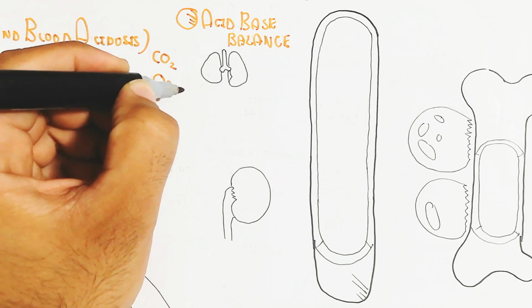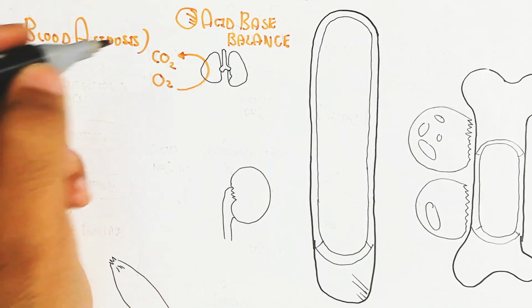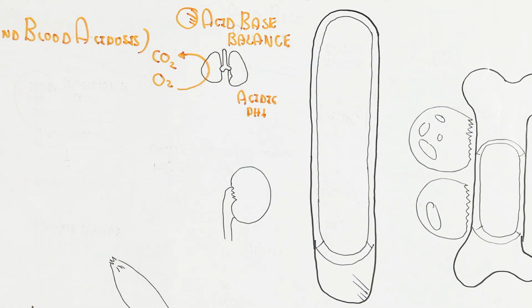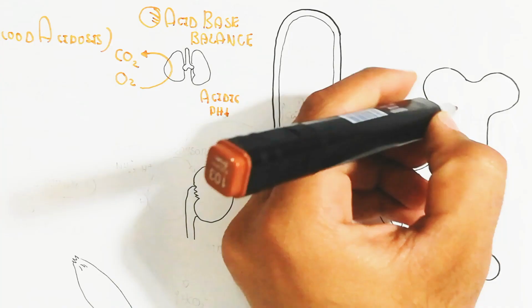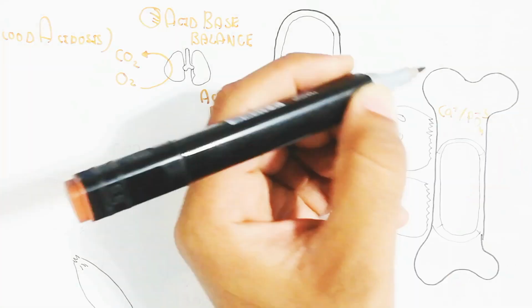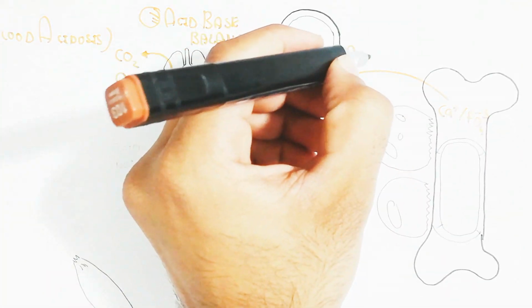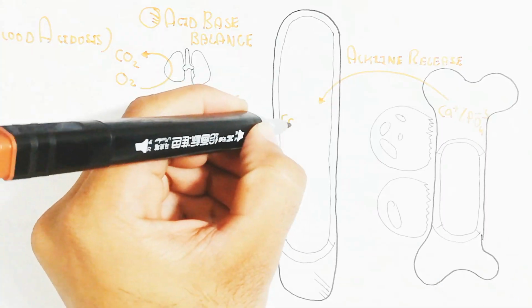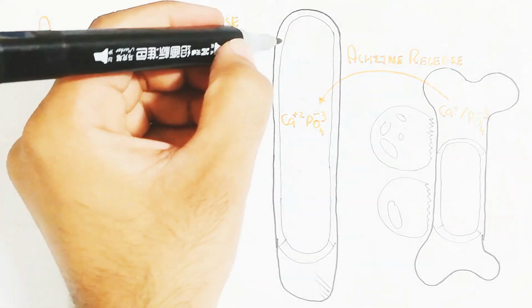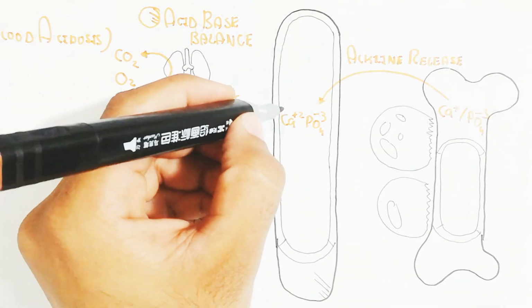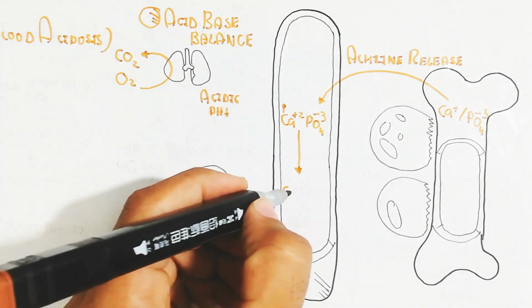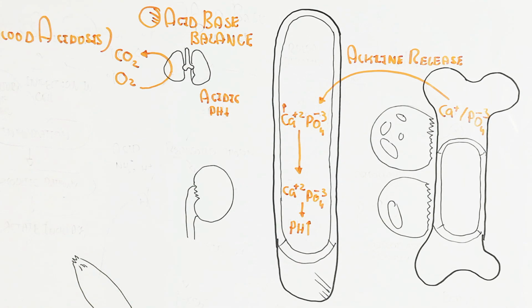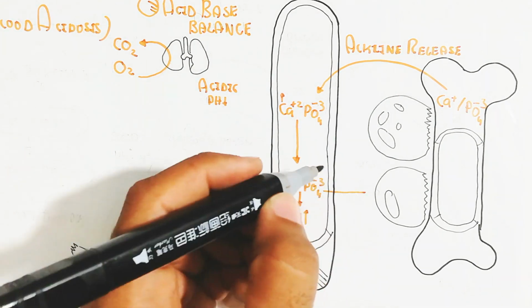Acid-base balance, let's begin to understand the physiology. Whenever respiration occurs, oxygen moves into the circulatory system while carbon dioxide is exhaled. Here we have the bone, blood circulatory system, kidney and muscle. Whenever osteoclast activity increases, calcium and phosphate enter the blood circulatory system and alkaline is released, so the pH ultimately increases.